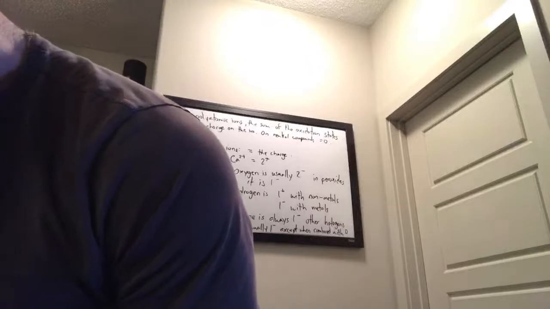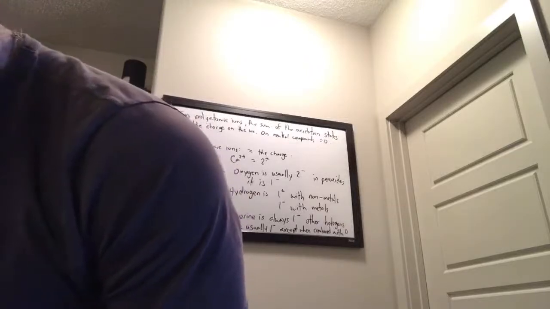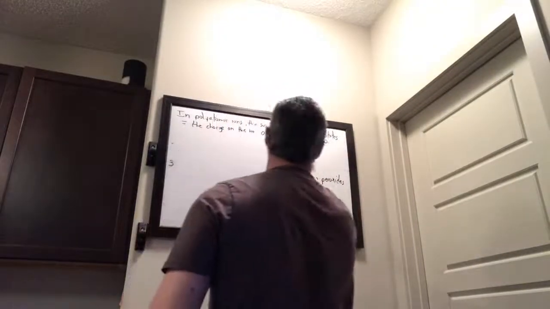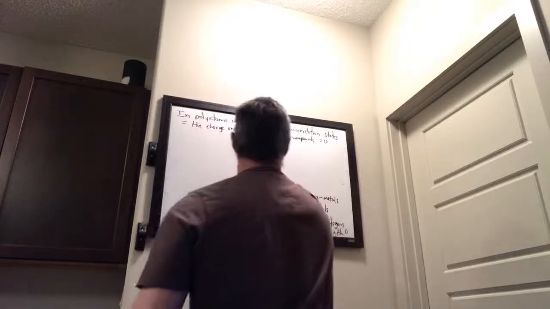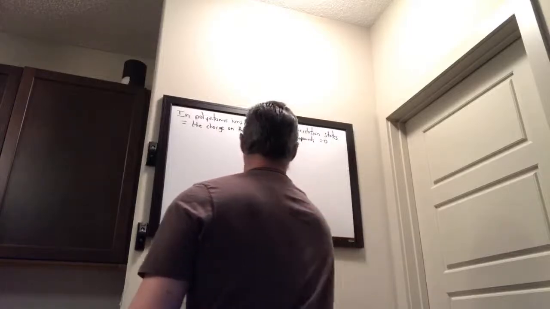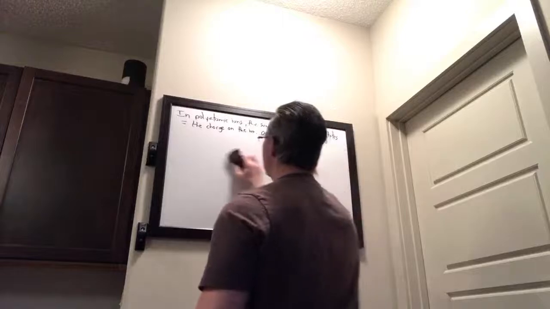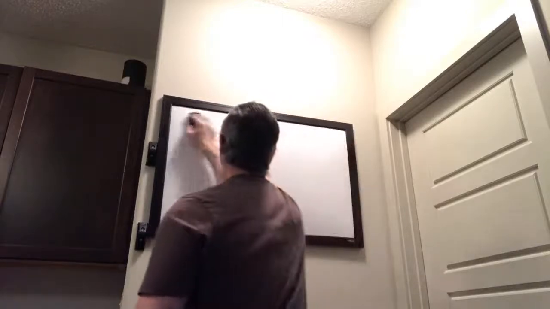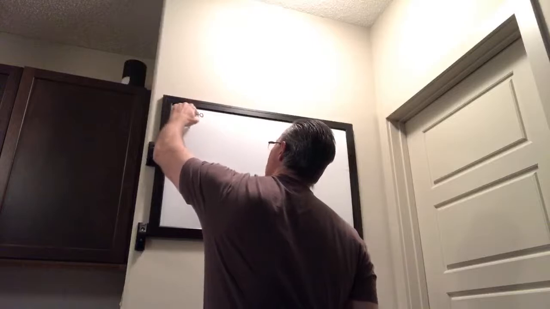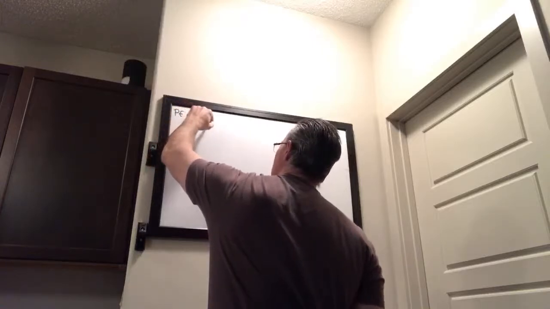So in practice exercise on page 140, it asks, what is the oxidation state of the bold-faced element in each of the following? P2O5. Since oxygen is the one that's usually the easiest to predict, we always start from the oxygen when we see it. Let's determine the oxidation state of phosphorus in P2O5.